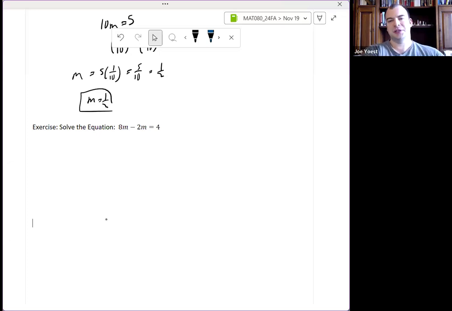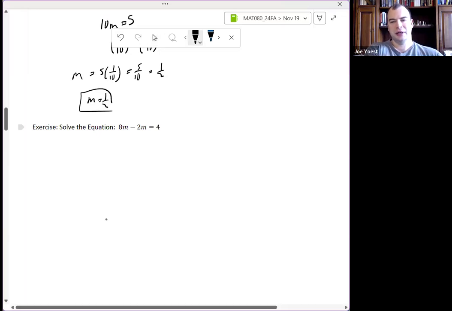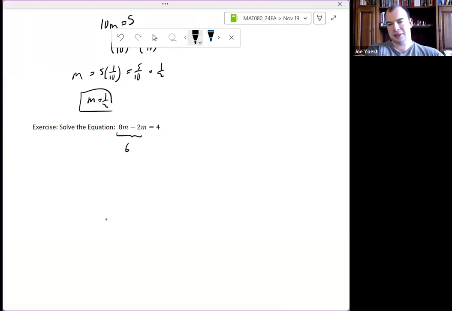Okay, so similar structure to the one we just did. 8m minus 2m, those are like terms. I have 6m on the left side and equals 4. Nothing I can really do to that right-hand side. I have number times variable equals number.